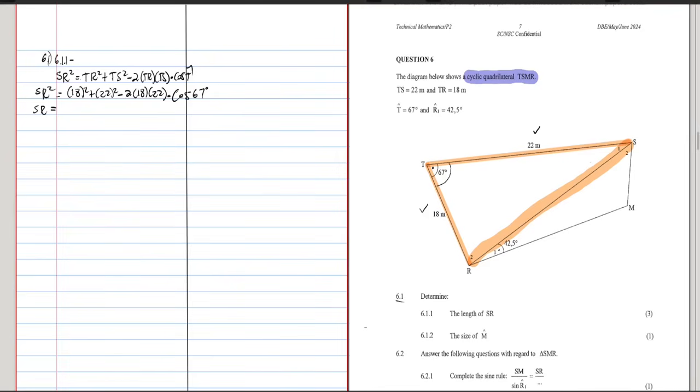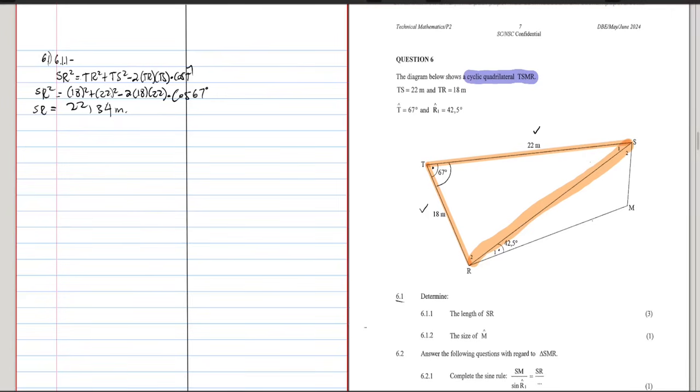So the square root of 18 squared plus 22 squared minus 2 times 18 times 22 times cos 67, and then the answer is going to be 22,34 meters in 2 decimal places.